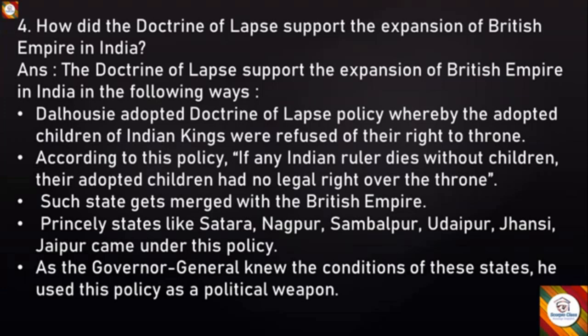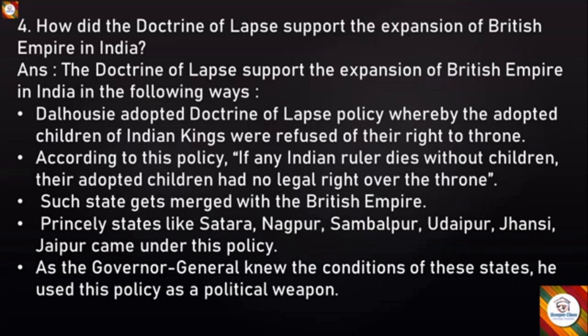Dalhousie adopted the doctrine of lapse policy whereby the adopted children of Indian kings were refused their right to the throne. According to this policy, if any Indian ruler dies without children, their adopted children had no legal right over the throne. Such states get merged with the British Empire.